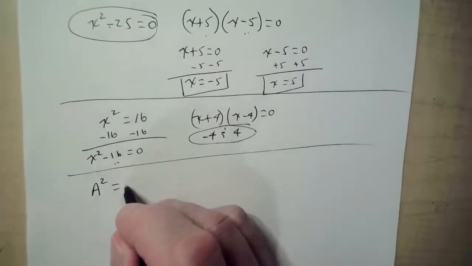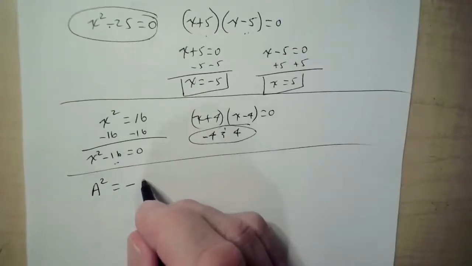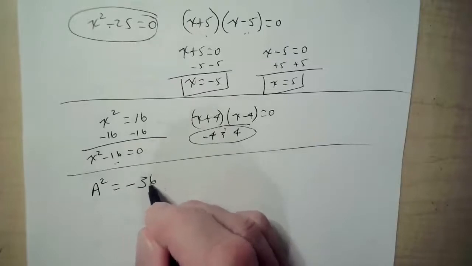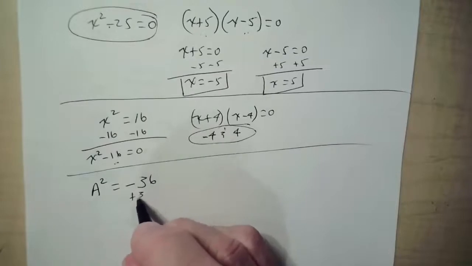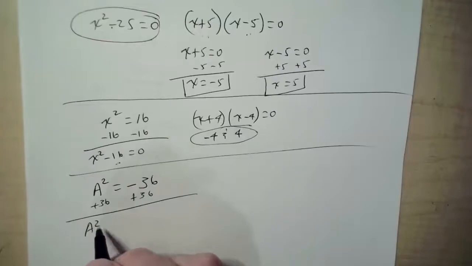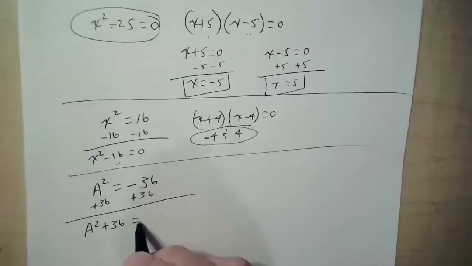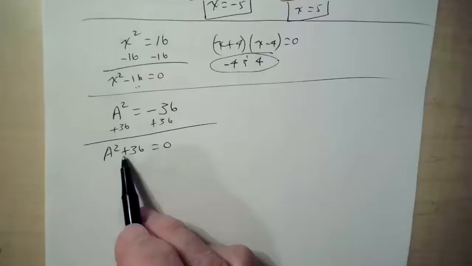What if we have this? A squared equals negative 36. Again, we want to set this equal to 0, so we're going to add 36 to each side. And we get a squared plus 36 equals 0. Now, what are the factors of this? Doesn't have factors. It's a prime number, so it doesn't have.